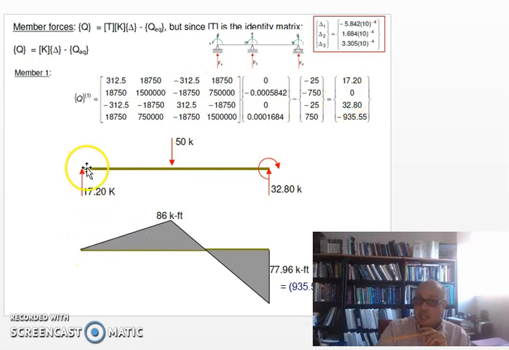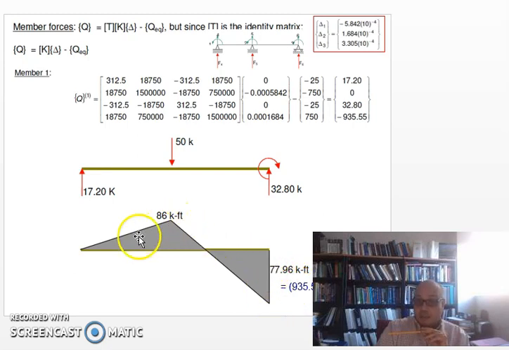At this end, I have a reaction of 17.2, and that will be the shear, and I have 0 moment right there. How about at this end? What do I have? We do have 32.8, here we go, and that is the reaction, and negative 935 kips foot, or rather, I'm sorry, kips inch, and that is basically the moment right there.